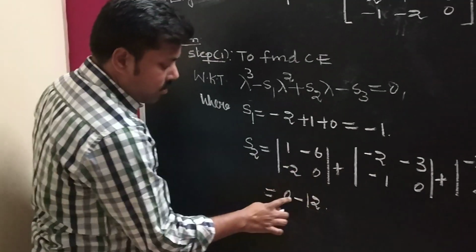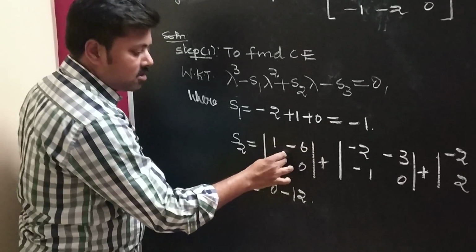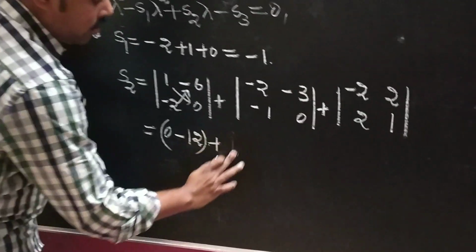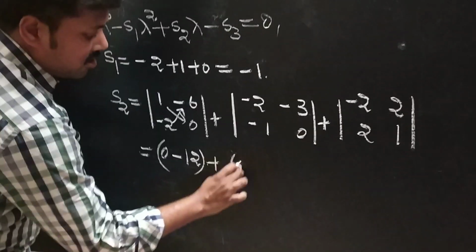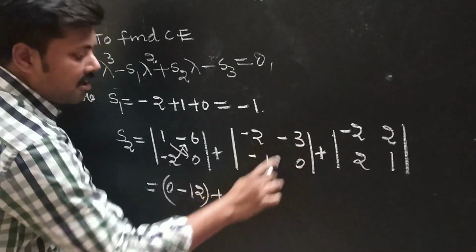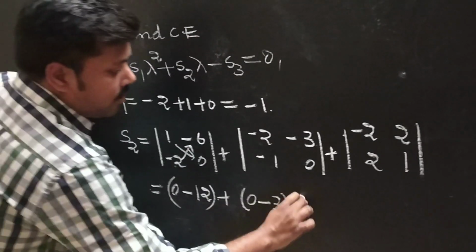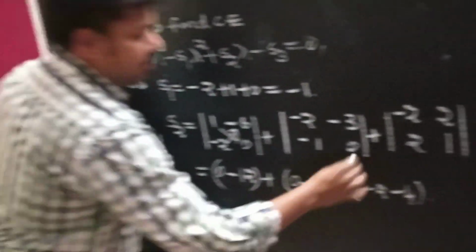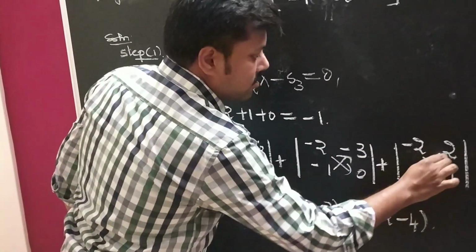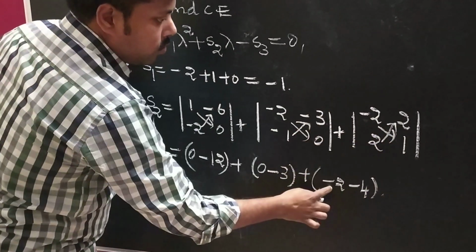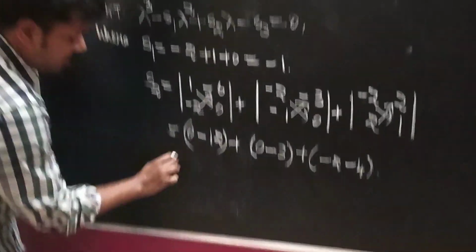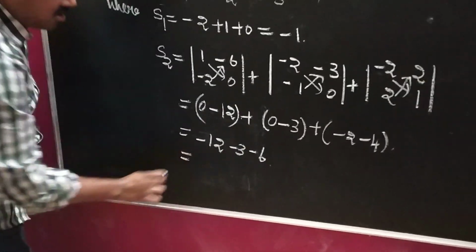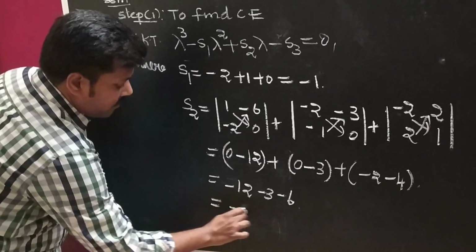Then minus 2 into 0, 0 minus minus 1 into minus 3 is plus 3, that is minus 3. Then minus 1 into 2, 2 minus 2 into 2 gives minus 4, so minus 4 minus 2 into 2... So minus 12 minus 3 minus 6. How much? Minus 15 minus 6 is minus 21.